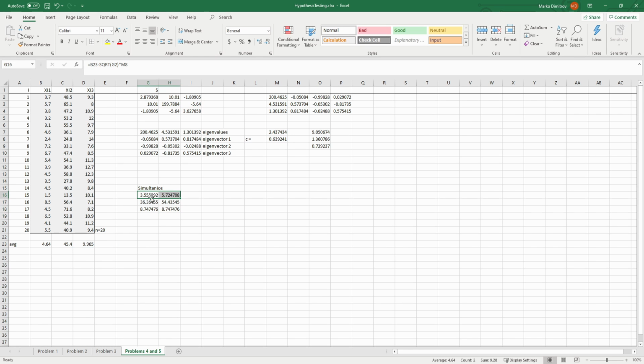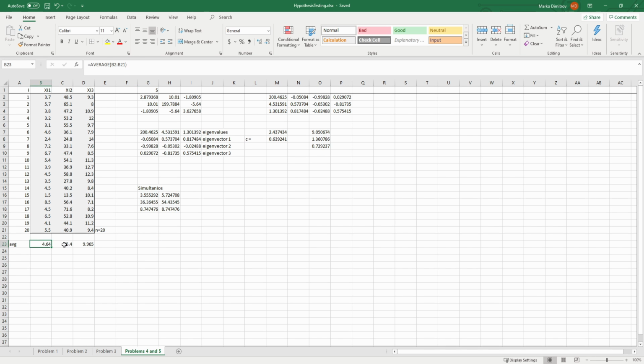So those are our confidence intervals for mu1, mu2, mu3, and all hold simultaneously with confidence coefficient 1 minus alpha. This interval contains the first mean, this the second, and this the third.